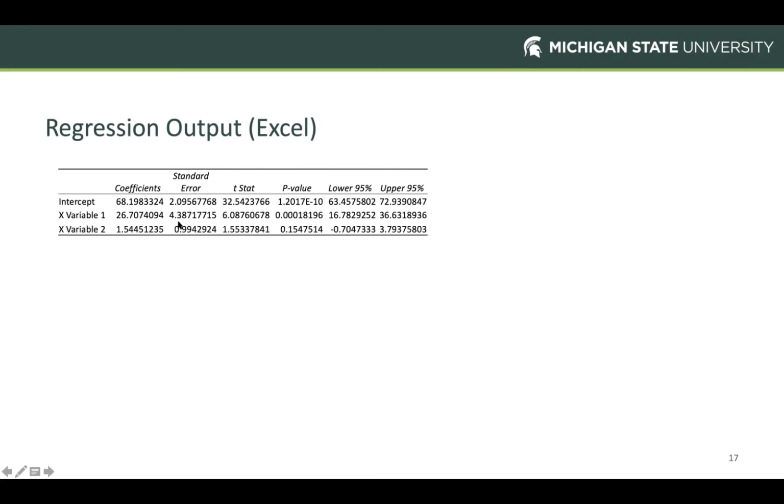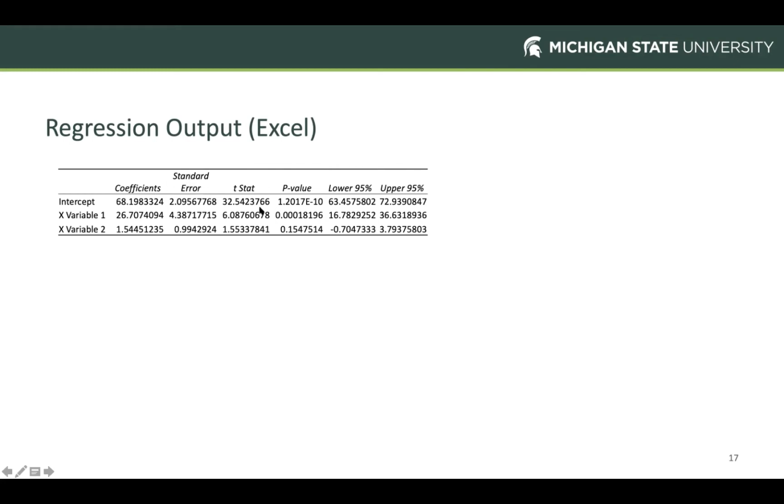The standard error is simply the square root of our mean squared error times the corresponding value from the variance covariance matrix. Our calculated t-statistic is simply our coefficient divided by its corresponding standard error.